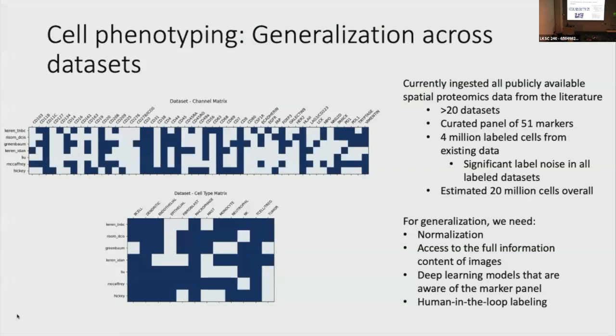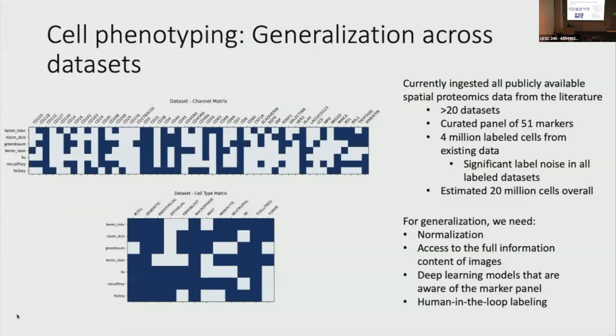With this, we can start passing things through Mesmer, creating consensus cell segmentation labels, and then passing them through cell phenotyping labeling workflows. This contains about 20 different data sets. We've curated a subset of around 51 markers that were gathered from each data set.